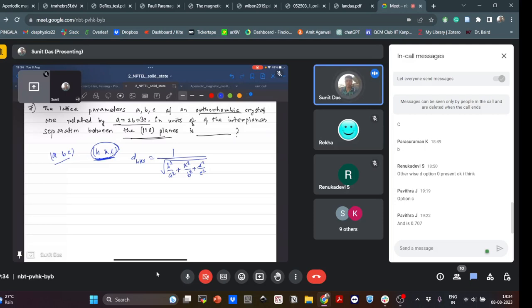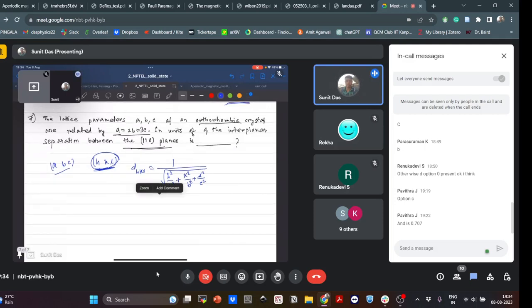So you will use this formula to solve this problem. Here the given hkl is 110, right?